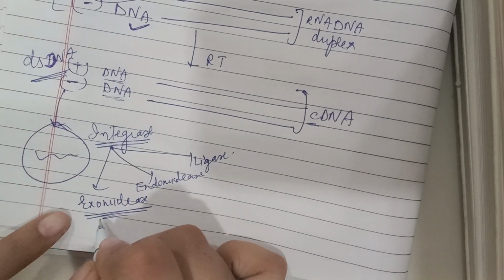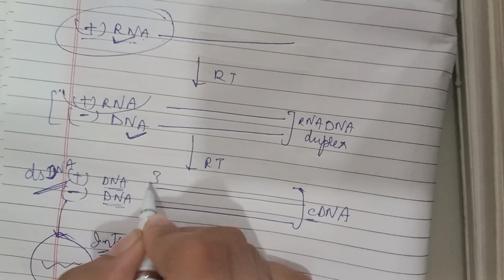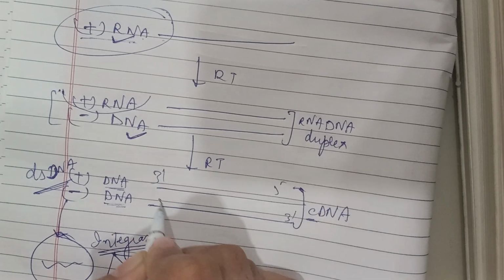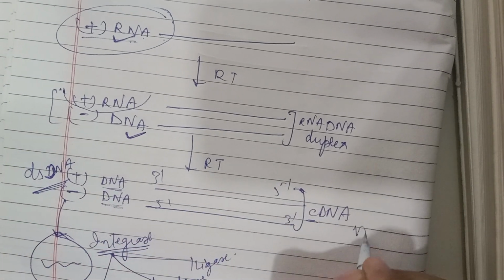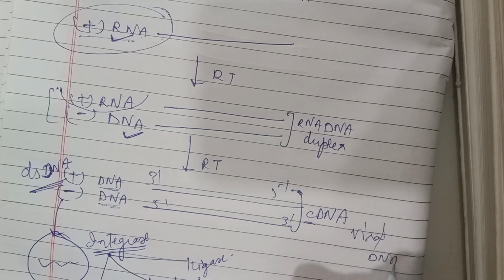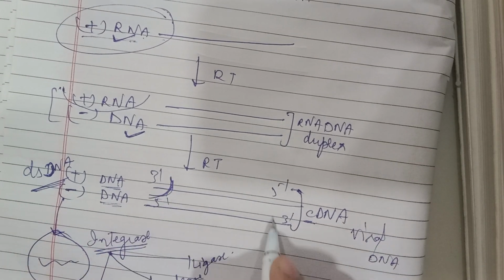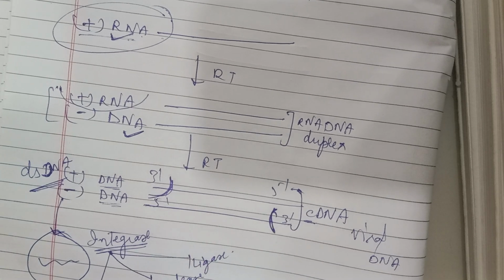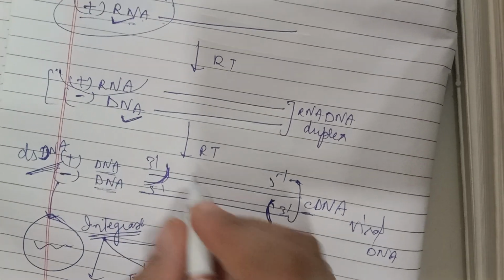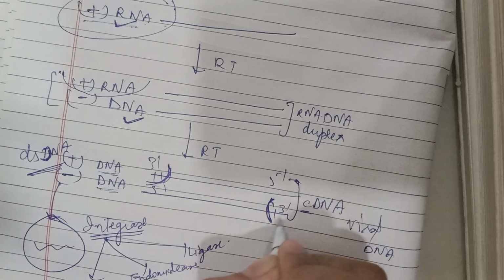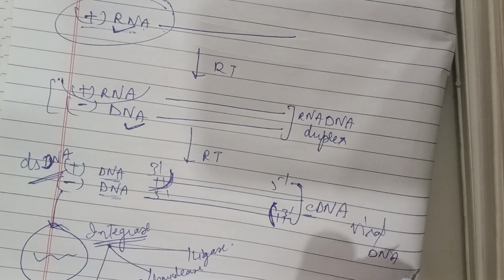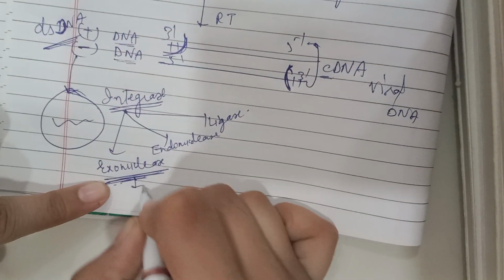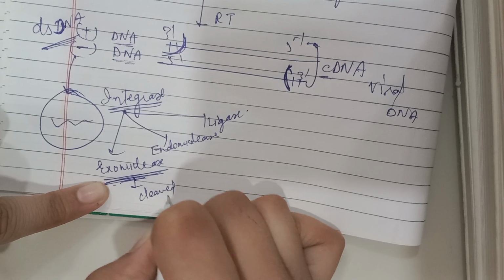Exonuclease activity. Look, this is the 3' 5', 3' 5'. This is the viral DNA. Now, at the 3' ends of viral DNA, this exonuclease activity will cleave two nucleotides from each 3' end of viral DNA. First thing, so it gives cleaved viral DNA.